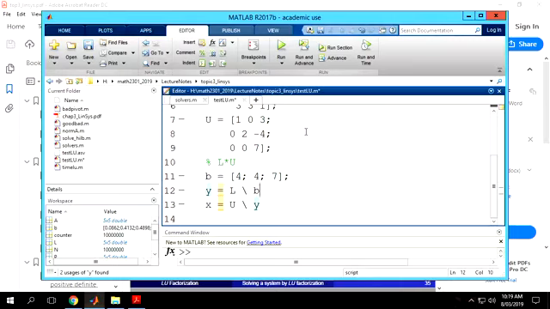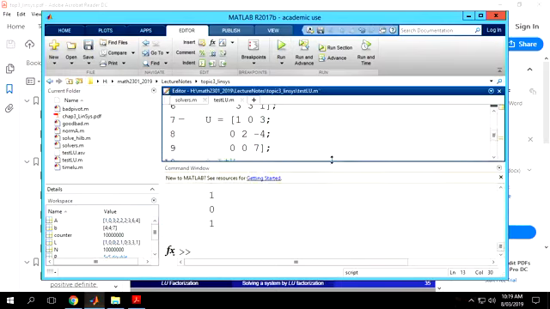So this one is solving Ly equal B. And this one is solving Ux equal Y. Now we run it.